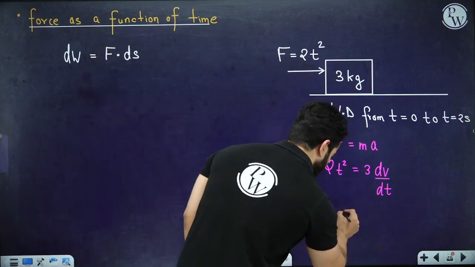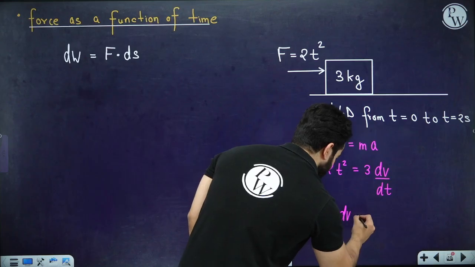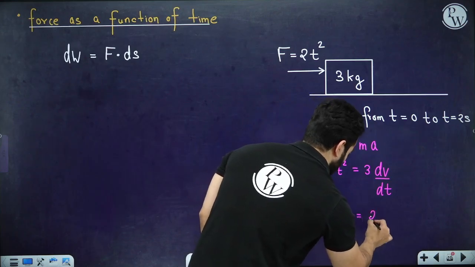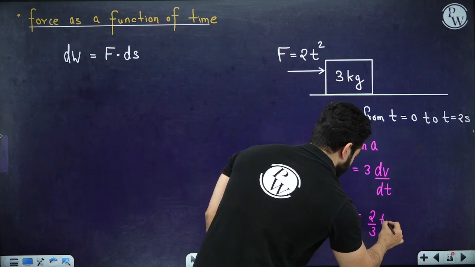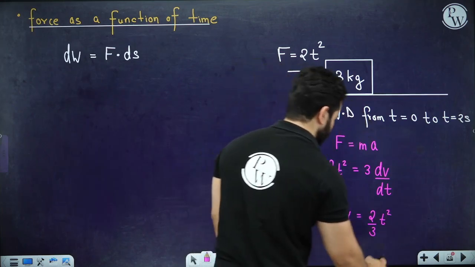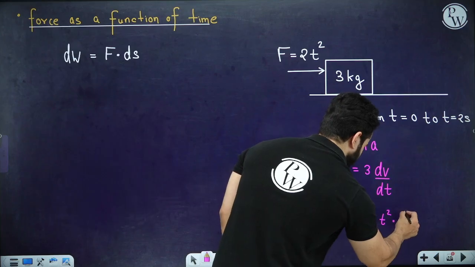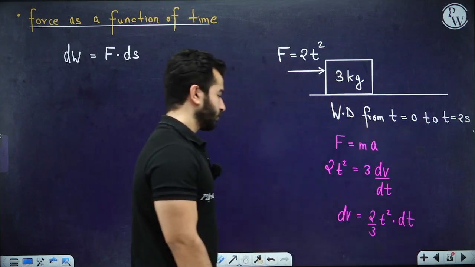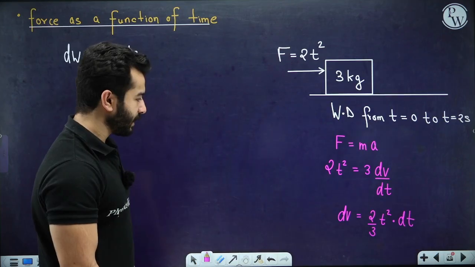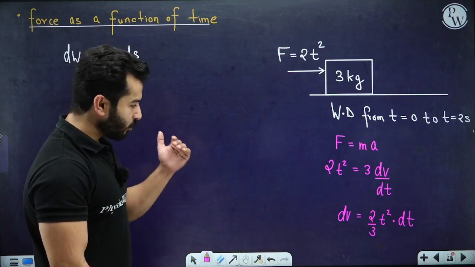Can I just rewrite dv as 2 by 3 t square into dt? Hopefully I can write something like this, right? And can I also integrate it?